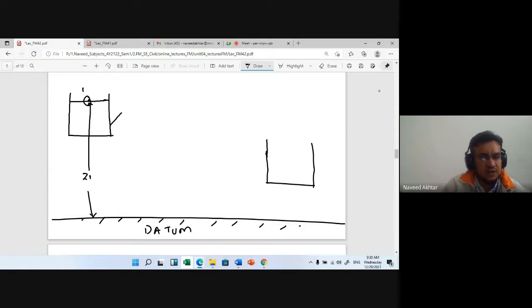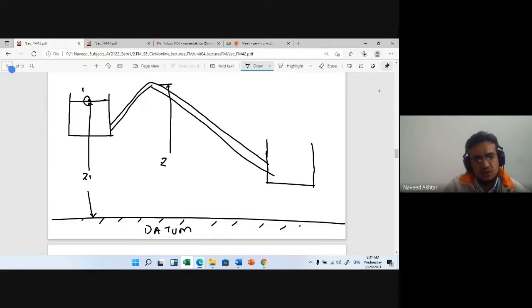The pipe is like this, connected with two reservoirs into the embankment, and at the center this is Z2 from the bottom, and here some level 3 from reservoir 3, and this one is Z3 from the bottom.